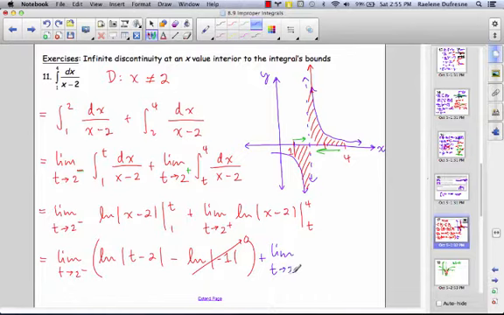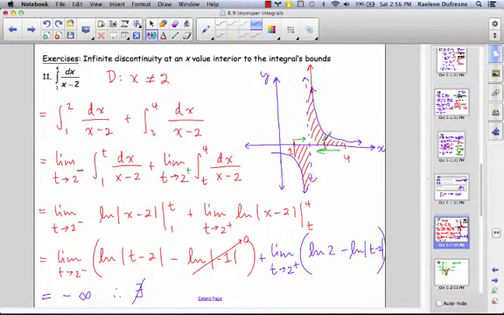The limit as t approaches 2 from the right of the ln of 4 minus 2, which is the ln of 2, minus the ln of absolute value of t minus 2. And we know that this limit is going to approach negative infinity, this limit is going to approach negative infinity, and therefore the integral does not exist.